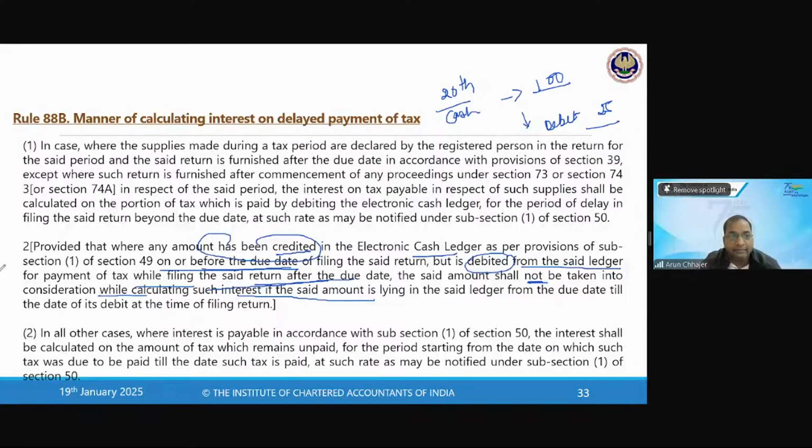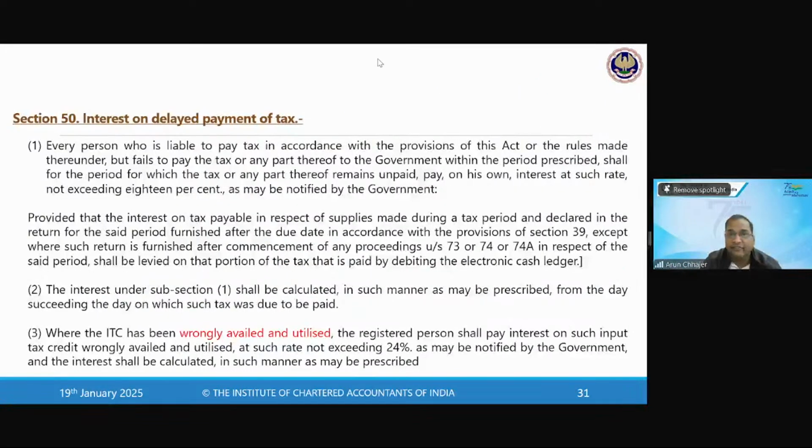Now again, let me go back. Section 50 subsection 1 says that interest on tax payable, you will have to pay interest only on the cash portion. Even if you are paying under the penal provisions 73, 74, 74A, you will not be able to take the advantage of this cash ledger proviso.